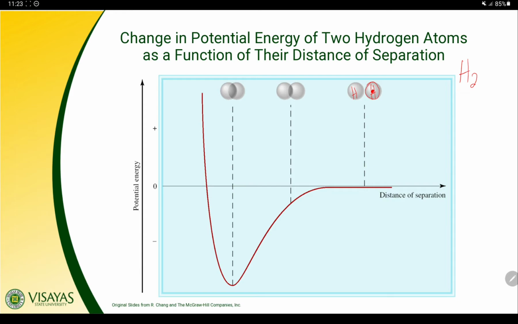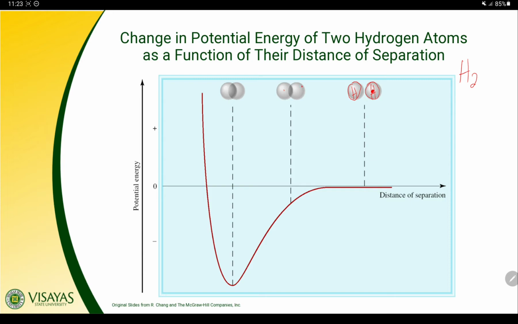So as the two hydrogen atoms approach each other, there could be two interactions. There could be attraction, because we have our electron from one atom and the nucleus of the other atom.